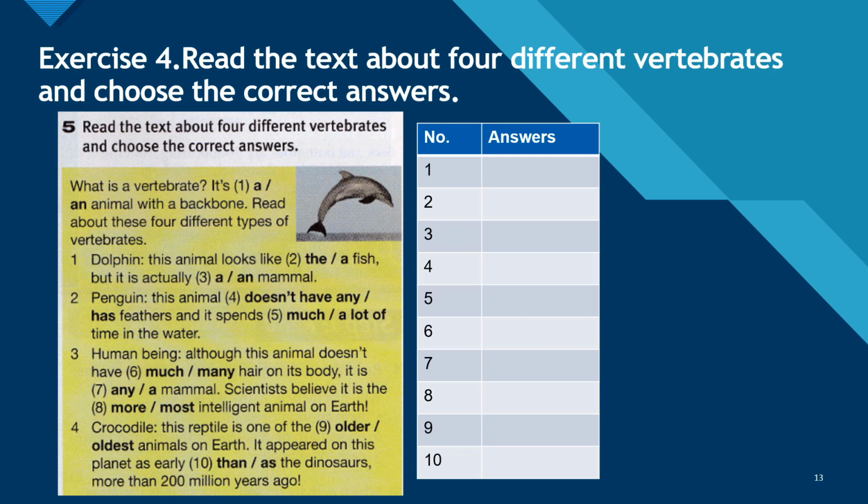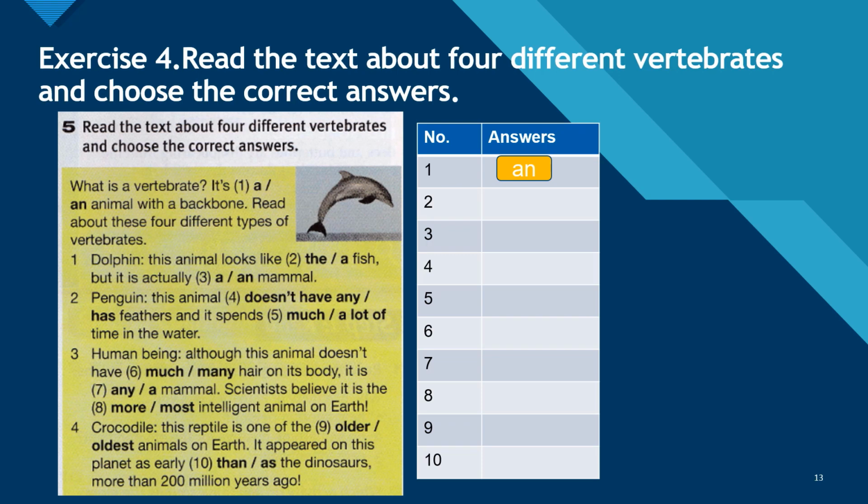Okay, now let's try and answer together. What is a vertebrate? It's a or an animal with a backbone. So here you can see animal starts with the vowel A. Since it's a vowel, the answer is an. Okay, read about these 4 different types of vertebrates. Number 1, dolphin.